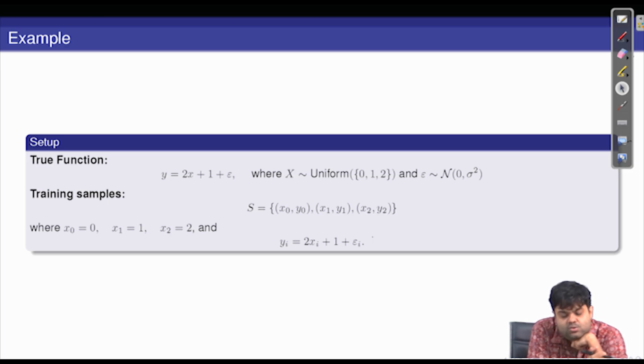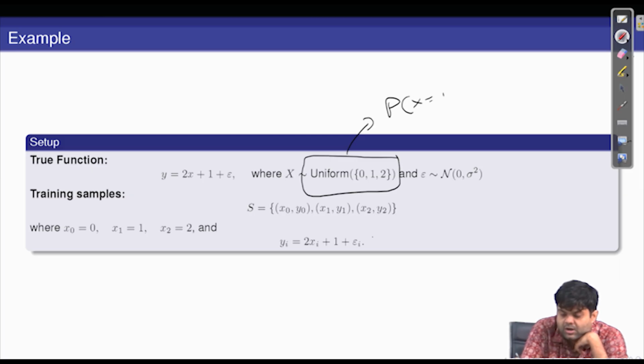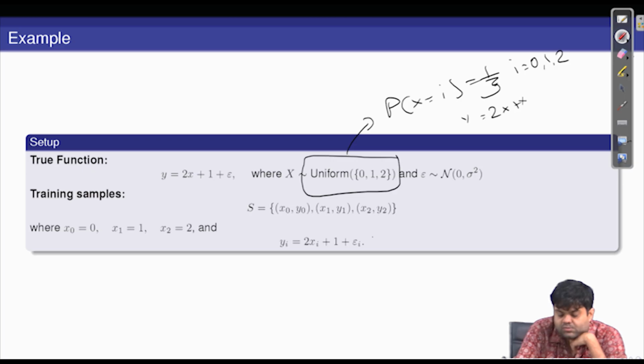Suppose y is 2x plus 1 plus epsilon, where x takes uniform values 0, 1, 2, that is, each with probability 1/3, where i equals 0, 1, 2, and y follows this distribution. Y is 2x plus 1 plus epsilon, where epsilon is normal 0, sigma square.